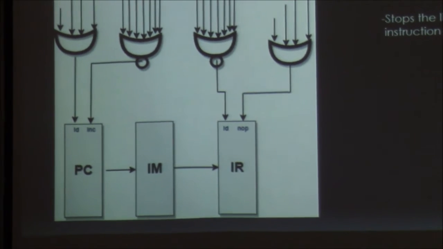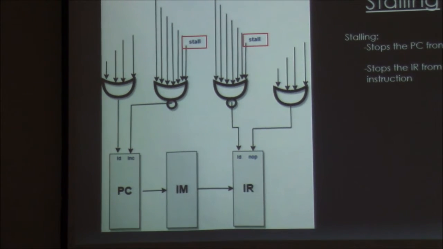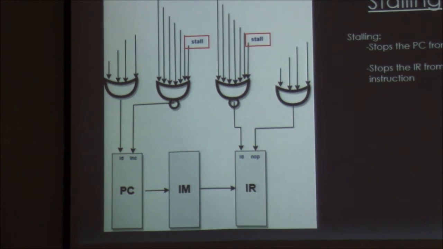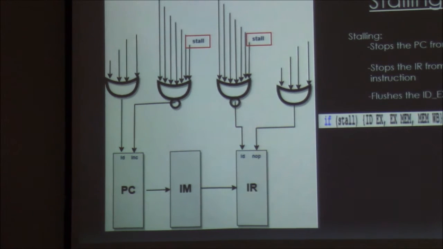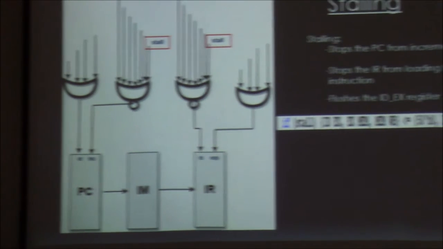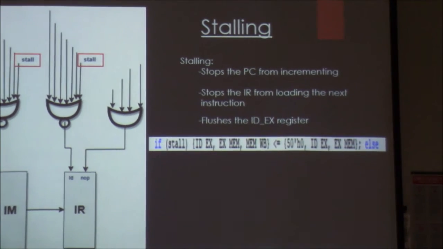Now when that stall flag goes high, you can see that it stops the PC from incrementing through these two NOR gates, as well as stops the IR from loading the next instruction. This way we're able to flush the current instruction to stall and wait one more cycle so that the data would be ready for the next instruction.